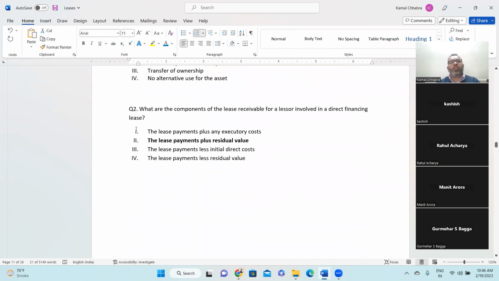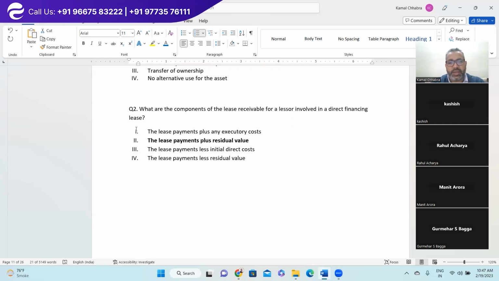Okay, question number 2. What are the components of lease receivable for a lessor involved in the direct finance lease? First one is lease payment plus any executory cost, lease payments plus residual value, lease payment less initial direct cost, lease payment less residual value. What comes in lease receivable?